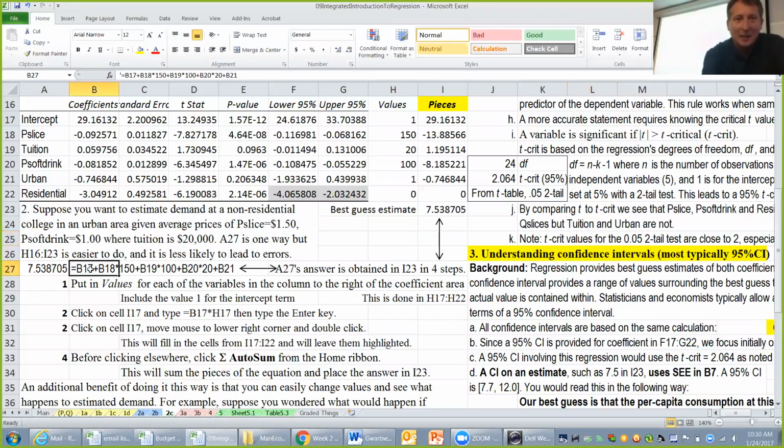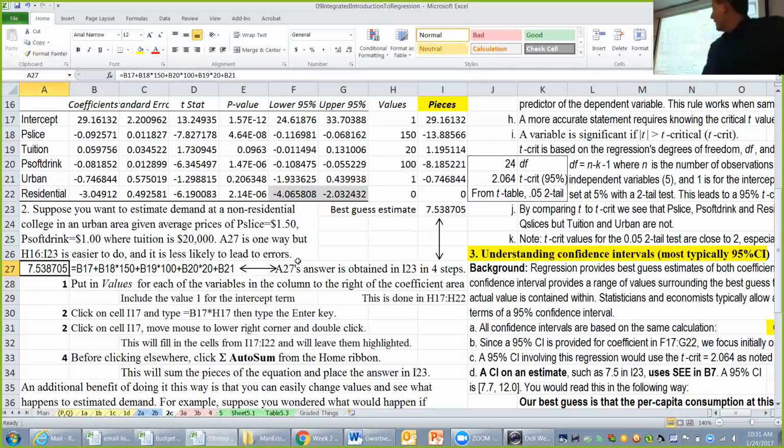B17 is the intercept, plus B18 times 150. We're trying to estimate how many pieces we're going to sell, given a price of $1.50, a price of a soft drink of $1, and tuition of 20 grand a year, and that's it. That gives us our A27, which is one way, but it's easier to make errors. So we're taking our significant variables and estimating how many slices we're going to sell.